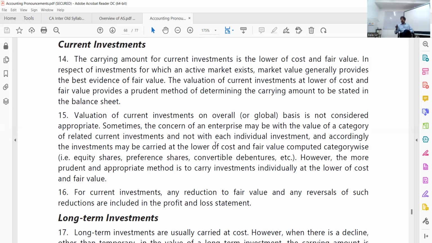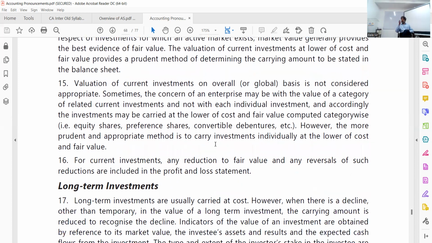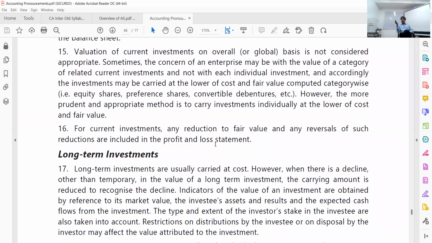Suppose the 90 rupee investment goes up once again to 100, or for some reason the price increases. Then you can take it up to cost, but not above cost. Is that fine? Yes. The 90 goes up to 95. Then compare the 100 cost or 95, whichever is lower. So 90 can be taken to 95.